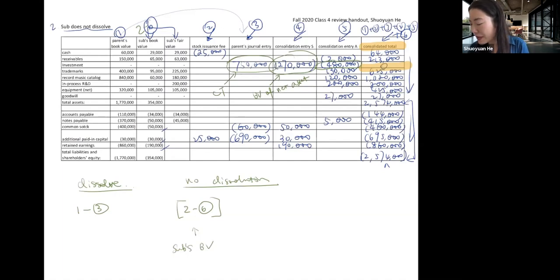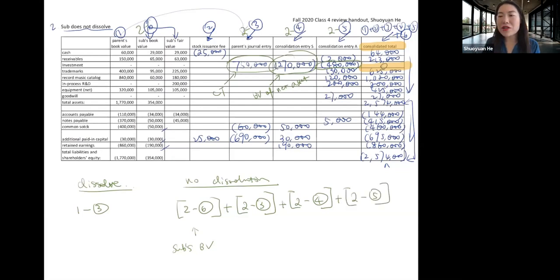And then the parent is making a journal entry, we may call it 2-3, which is basically recording the consideration transferred. And then we have 2-4, which is the consolidation entry S, to eliminate the subsidiary's shareholders equity account. And then 2-5 is to mark up the book value to fair value and to recognize any goodwill.